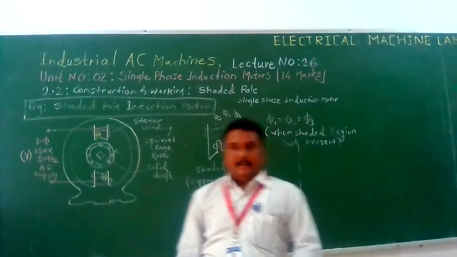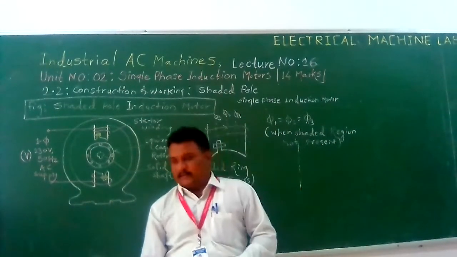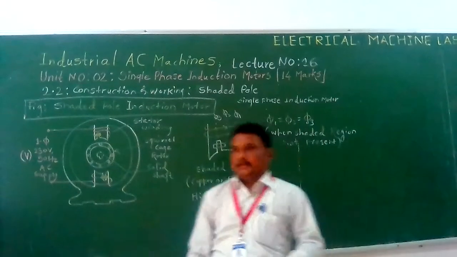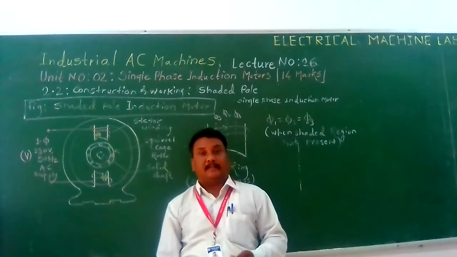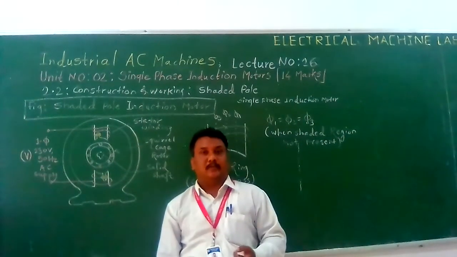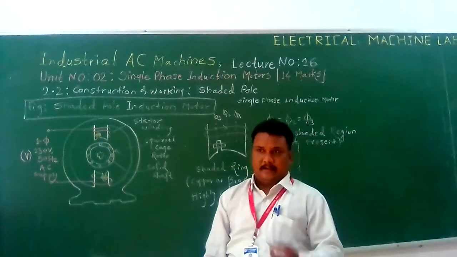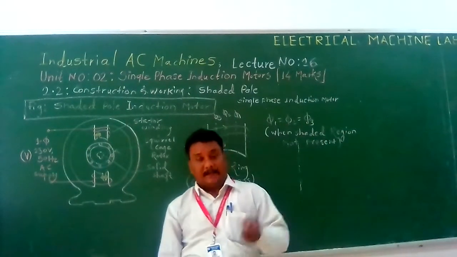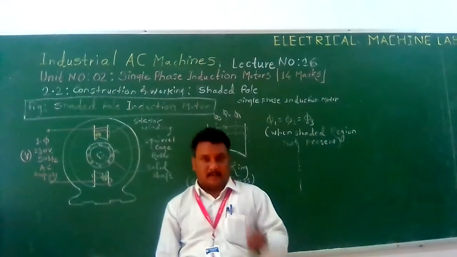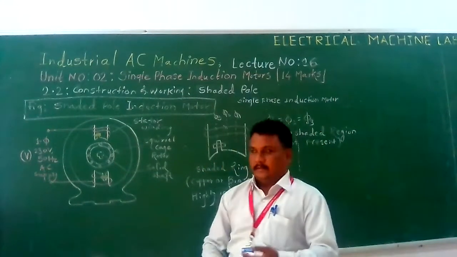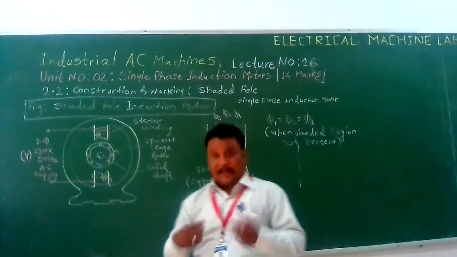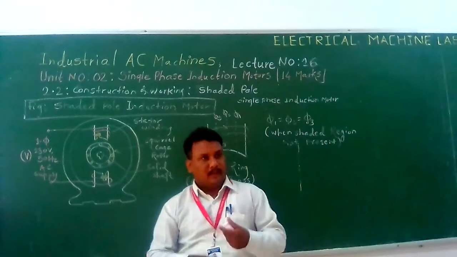In the previous lecture, we saw the construction of the capacitor start, capacitor run single phase induction motor: its construction, its working, its phasor diagram, its torque slip characteristics, and finally its applications.